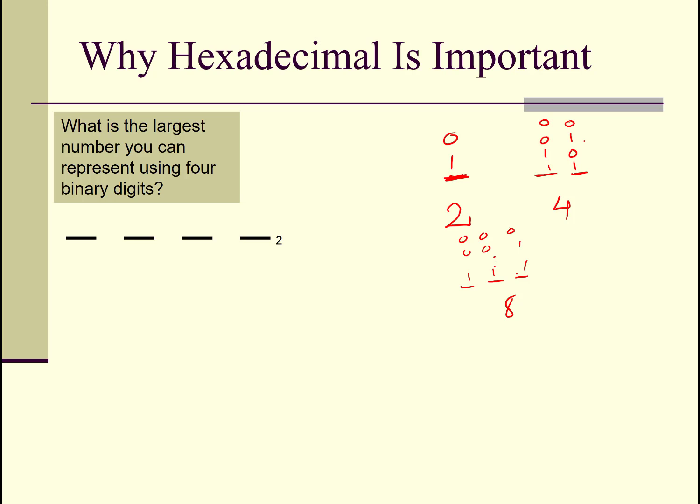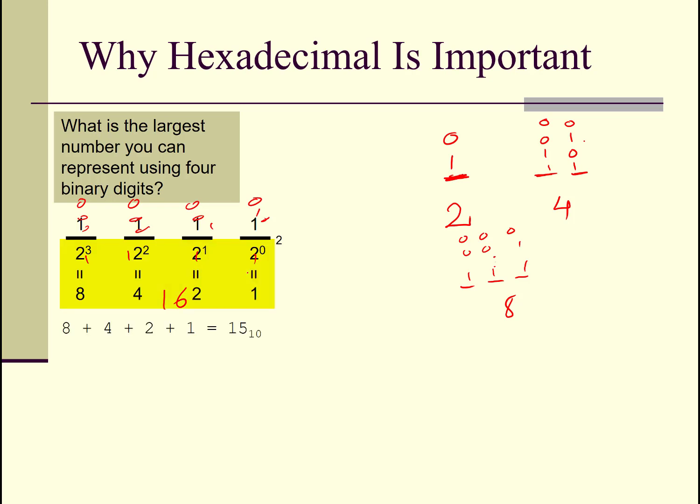So now the question is, if I have 4 digits, what is the largest number you can represent? In this case, it is 16, right? Because you will start here from 0000, and then 0001, 0010, continuing until 1111, right? And those are 16 integers.